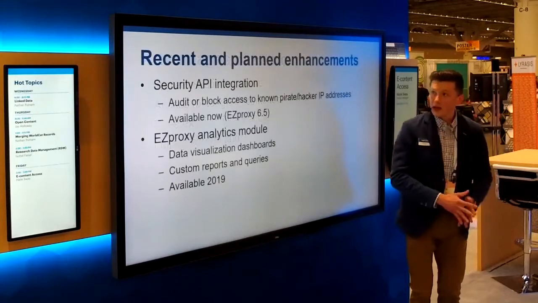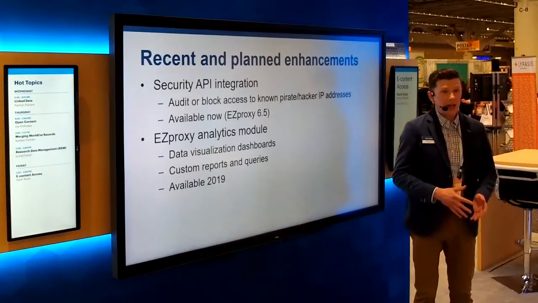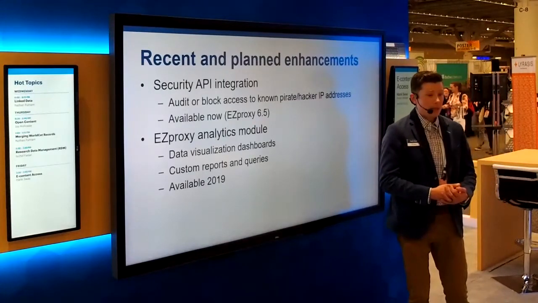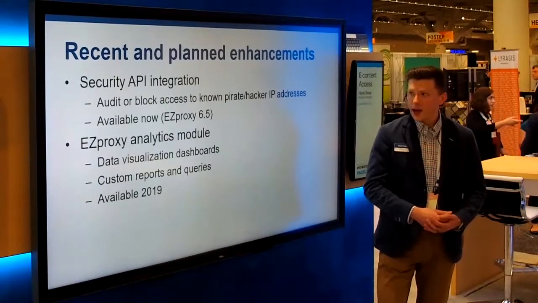So I just wanted to talk a little bit about some current and recent enhancements that we have made to EasyProxy. So the first of these is the integration of a security API that is from our partners, Publisher Services International, otherwise known as PSI.